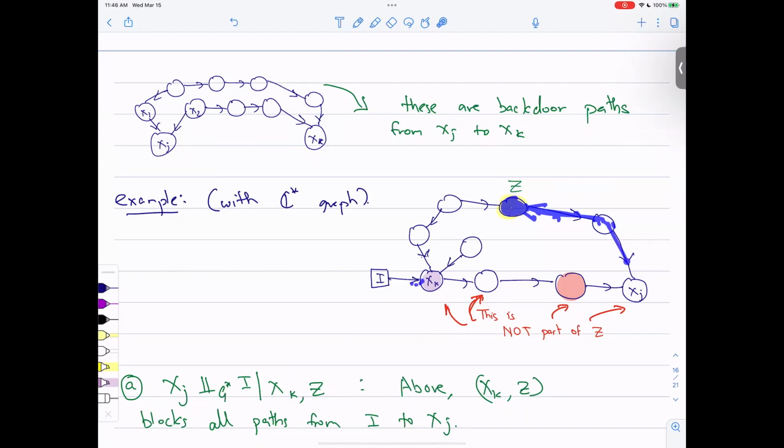If that arrow is reversed, Z doesn't block the original backdoor path. So it doesn't fulfill the other requirement.